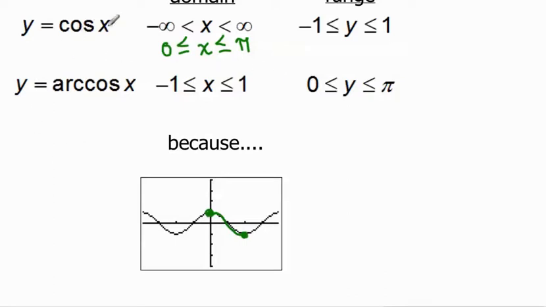When I do that, its inverse function, which is y equals arc cosine of x, or I can write it y equals the inverse cosine of x, this limited domain that allows us to have a one-to-one function becomes the new range, and the range becomes the new domain. And again, I would make flashcards of this.